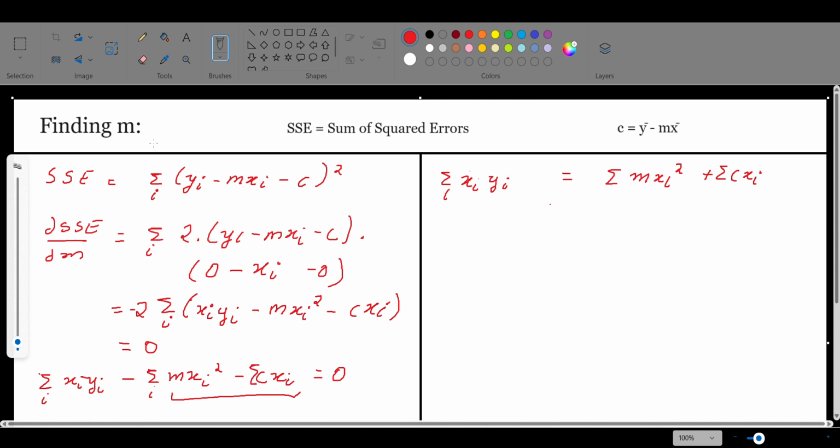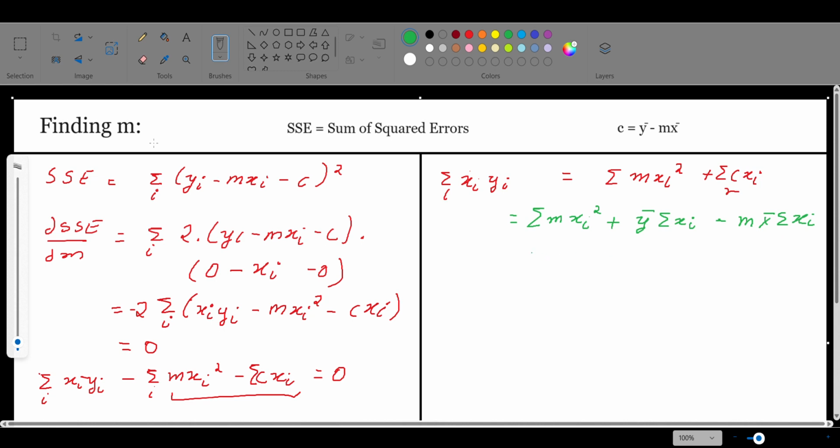Now what we're going to do is add the actual value of c and expand the second term. Let me add it in green color. That will make it more legible. So this is summation of m xi squared plus, now c is equal to y bar minus m x bar. So we first say y bar times xi, and then we have minus m x bar summation xi.